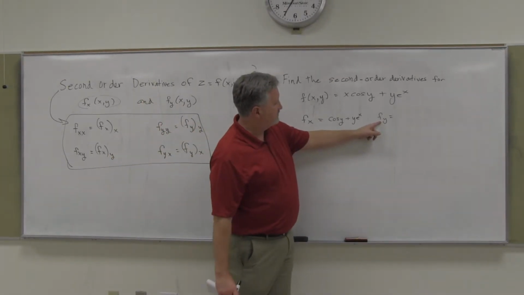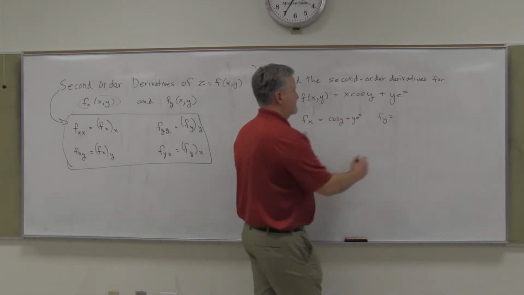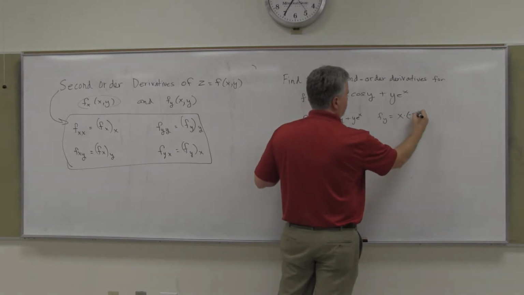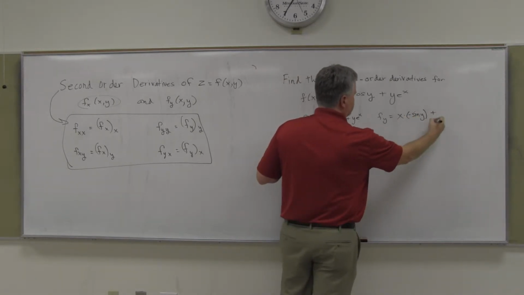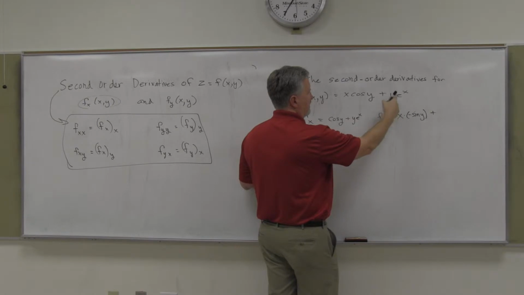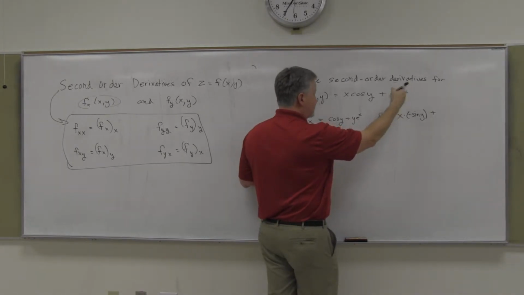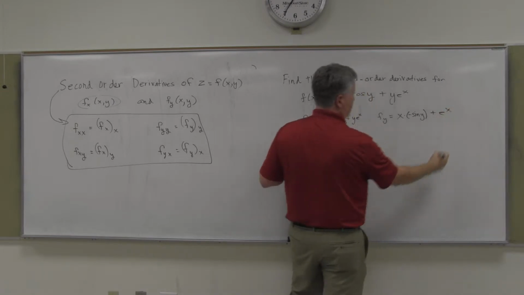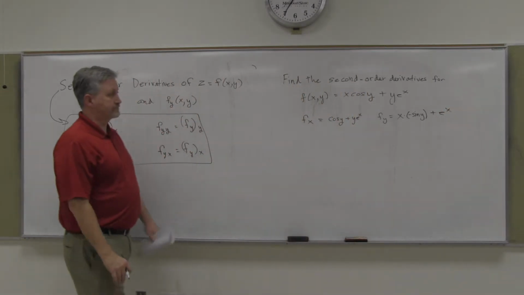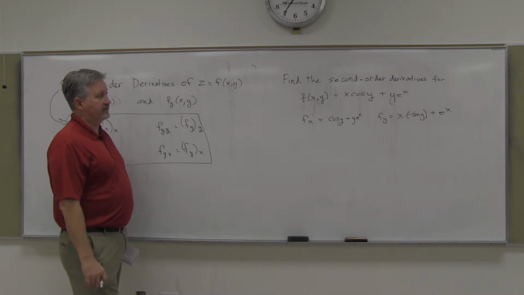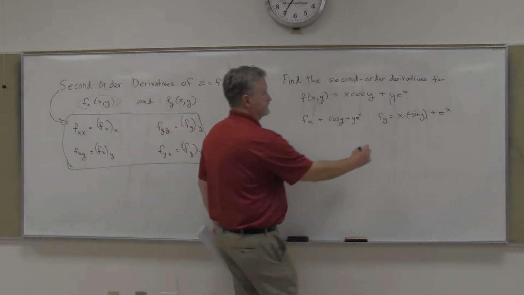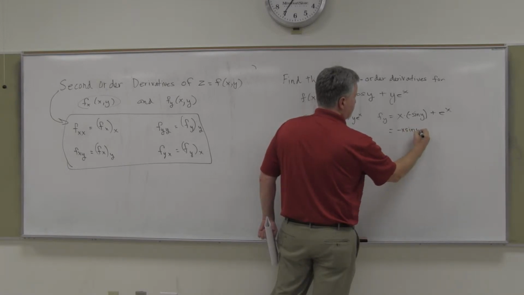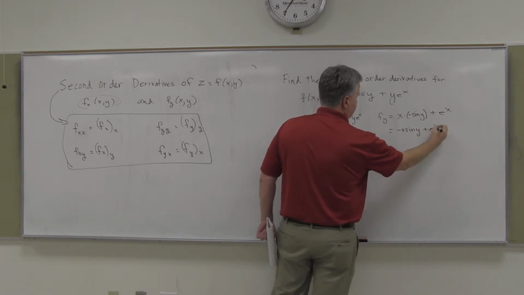Now the partial with respect to y: x is fixed, so it's x times the derivative of cosine y, which is negative sine y. And then with respect to y, e to the x is fixed, so it's just the derivative of y, which is 1, so it's just e to the x. Minus x sine y.